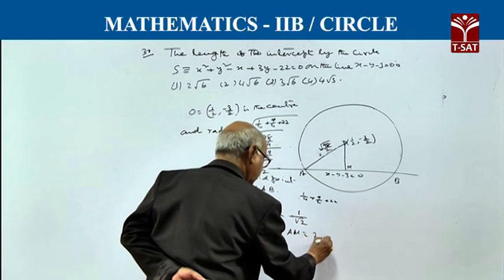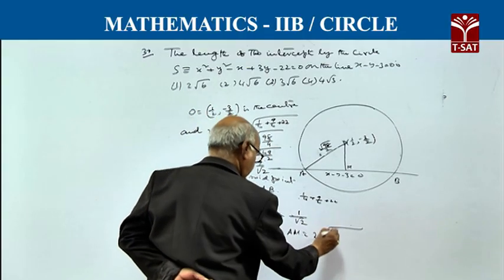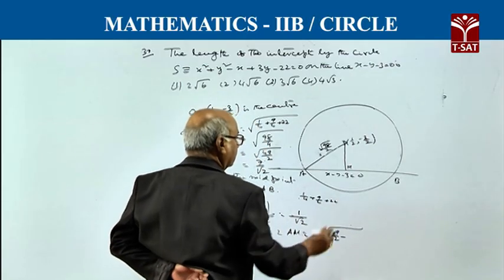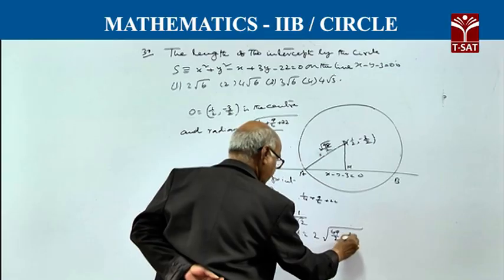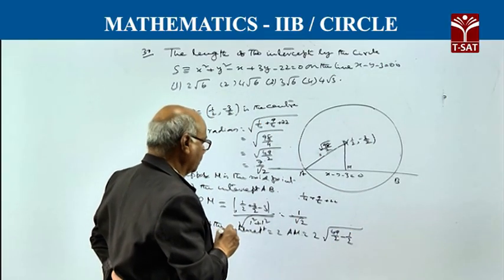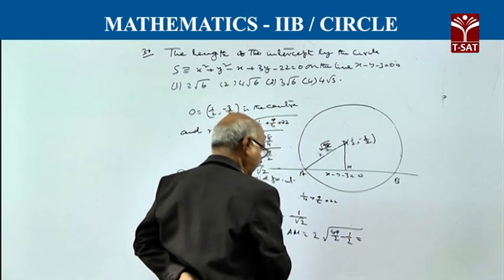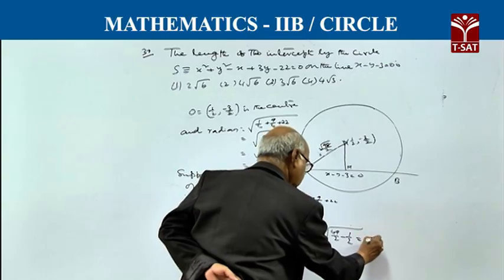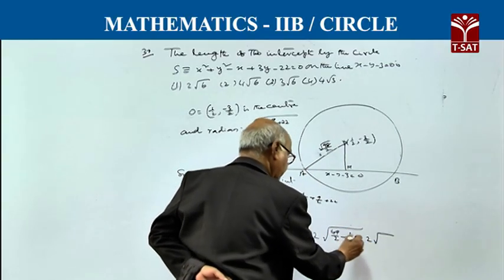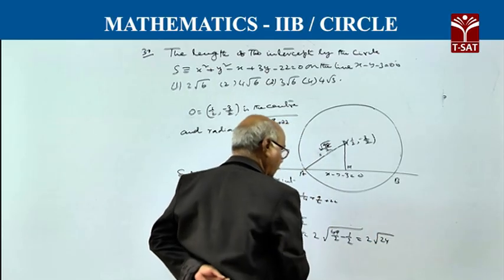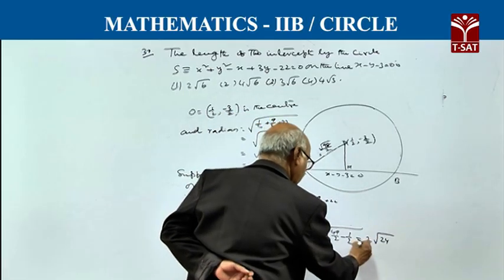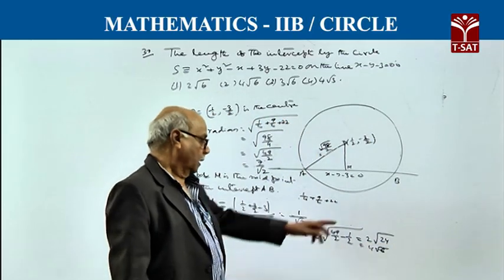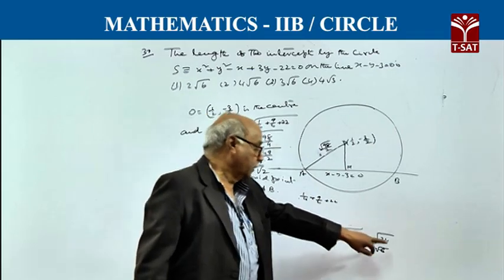So that is twice square root of 49 by 2 minus 1 by 2, which is equal to 48 by 2. 48 by 2 means 24, so this is twice root 24. Root 24 means 4 root 6. 24 is 4 into 6, 4 under square root will be 2. So that is equal to 4 root 6.